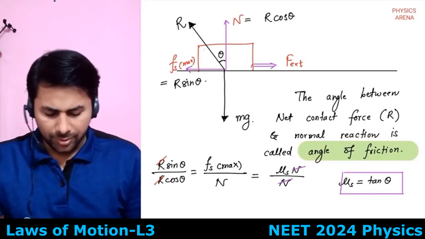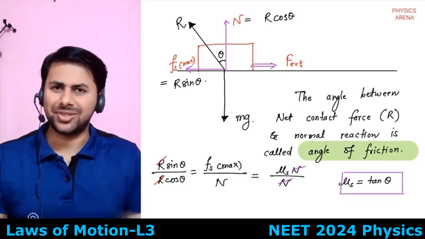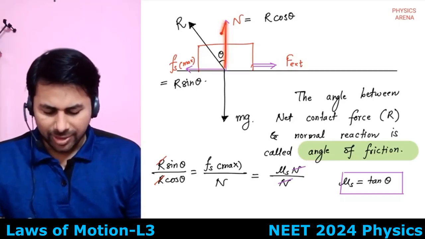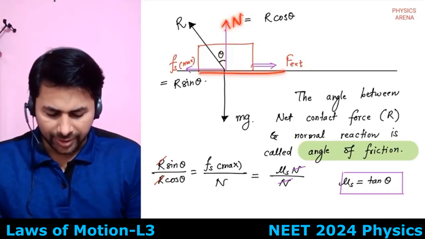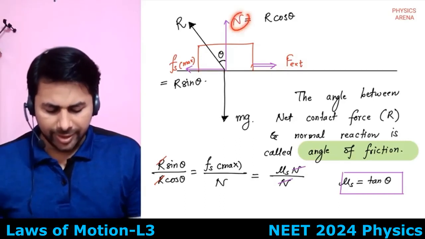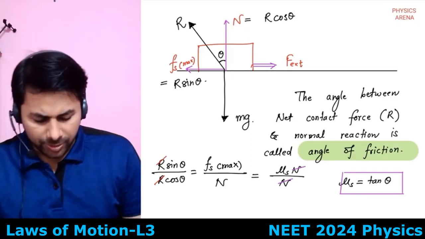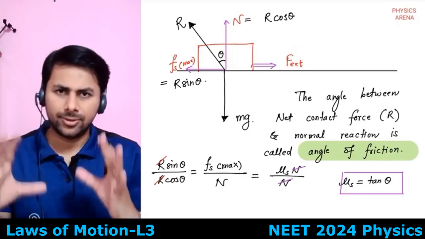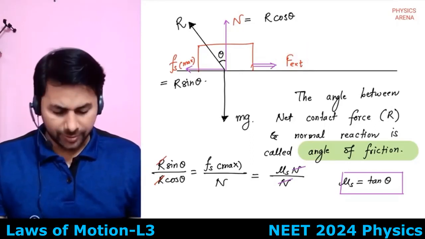Okay. So suppose you have this body, this block resting on the surface, and now there will be some normal reaction due to this surface. It is equal to N, and the normal reaction will be equal to mg, right? So now suppose you exert some external force on this body. You want to move this block, so you exert some external force.